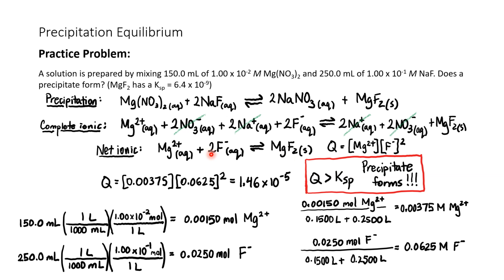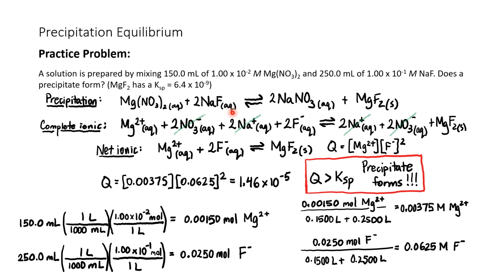So now you can write your expression. Q equals, just like KSP, the concentration of magnesium times the concentration of F minus squared, because there's a 2 in front of there, right? You guys want to make sure that you know that there's a 2 there. You wouldn't know there's a 2 there if you didn't balance this correctly.